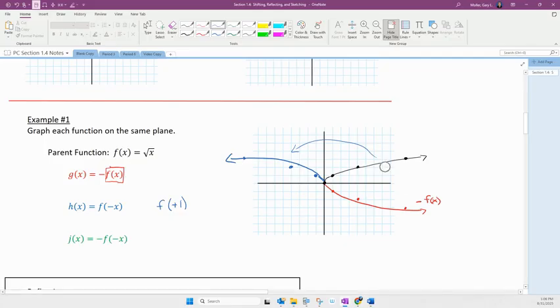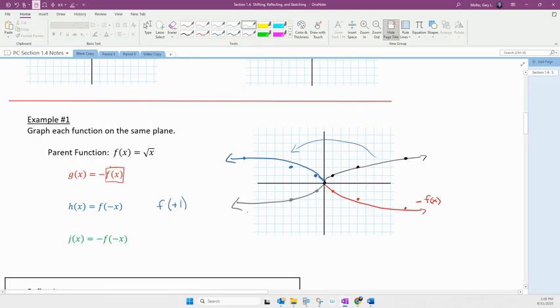So this black and this blue, if this was one function, this would be an even function because the opposite is true on both sides. And then a negative on the inside, that flipped it over here, and then a negative on the outside, that flipped it vertically. And so this last one, this green one, should look, that's gray.